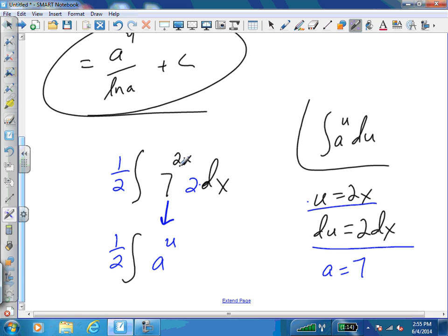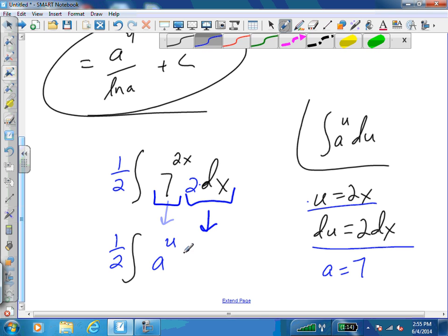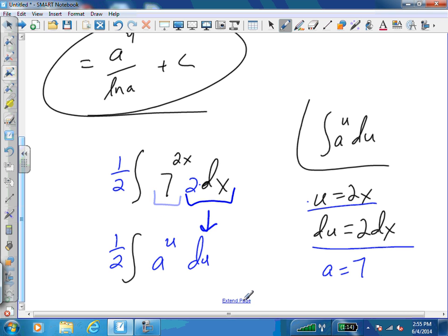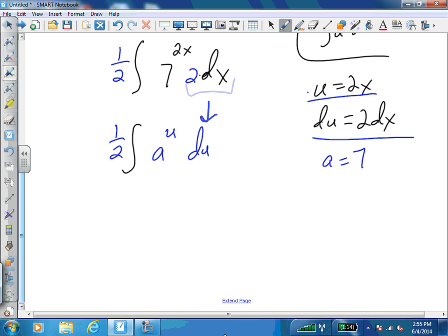So that's a to the u. That is our du. So once we recognize which formula we need, we just need to find, well, which part is our u? What do we need to make our du? Now just apply our integration formula.